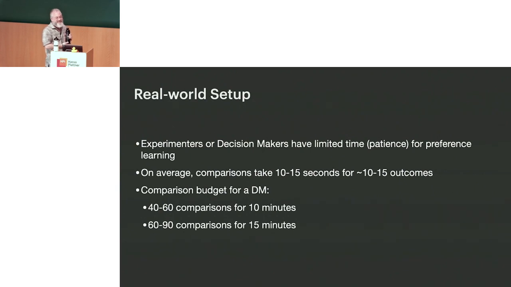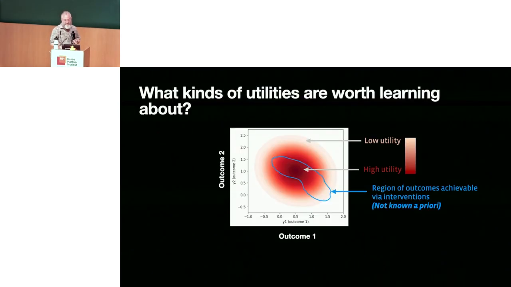It takes about 10 to 15 seconds for, let's say, 15 outcomes. So people are relatively fast at this, and we can feasibly collect somewhere between 40 and 90 comparisons in a typical session. And so we are able to collect a reasonable amount of data, especially if we're able to produce these recommendations in real time.